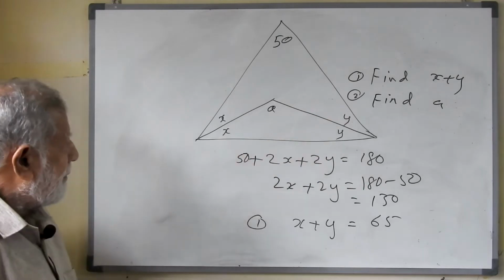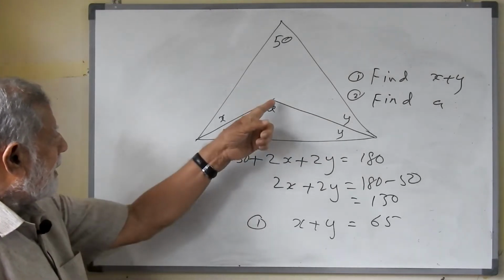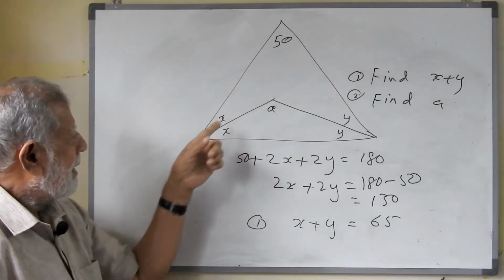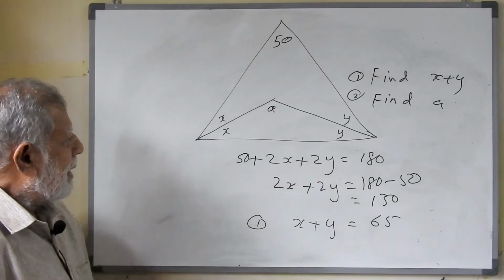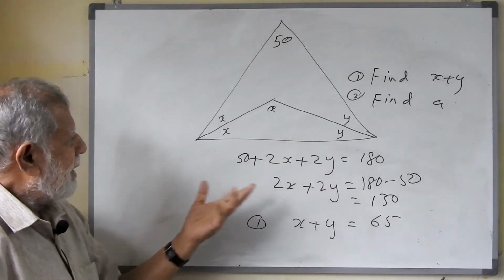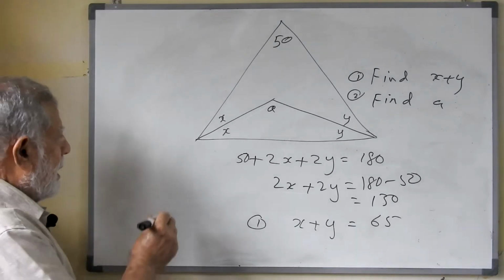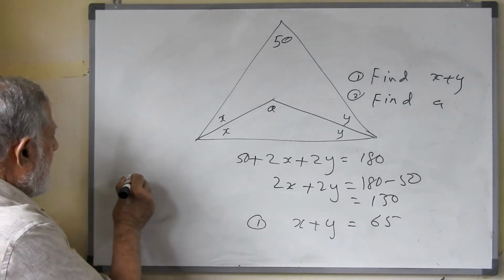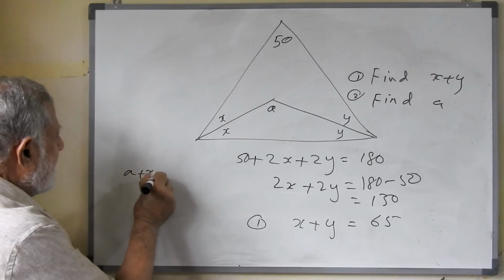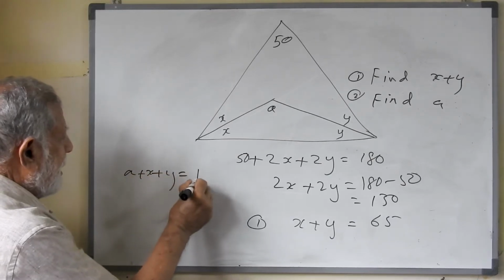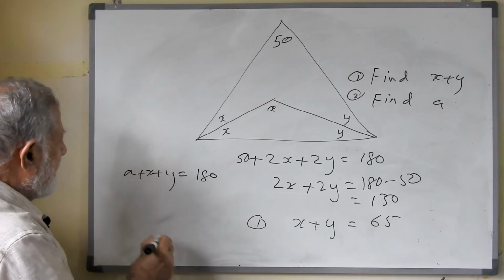Then how to find A? We have this triangle, and this is the angle A. Now we have got the value of x plus y. Immediately we know that the angles of a triangle add up to 180 degrees, so A plus x plus y is equal to 180 degrees. Now x plus y we found to be 65.